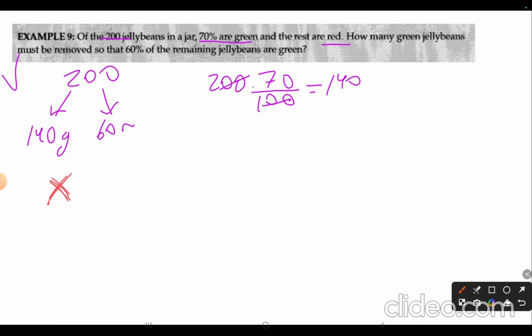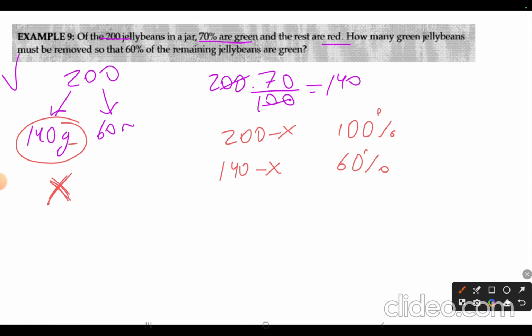And when you subtract from here, you should also subtract from the total number of jelly beans because it will be less. It will be less by x. So total will be 200 minus x. And it is 100%. And 140 minus x should be 60%.